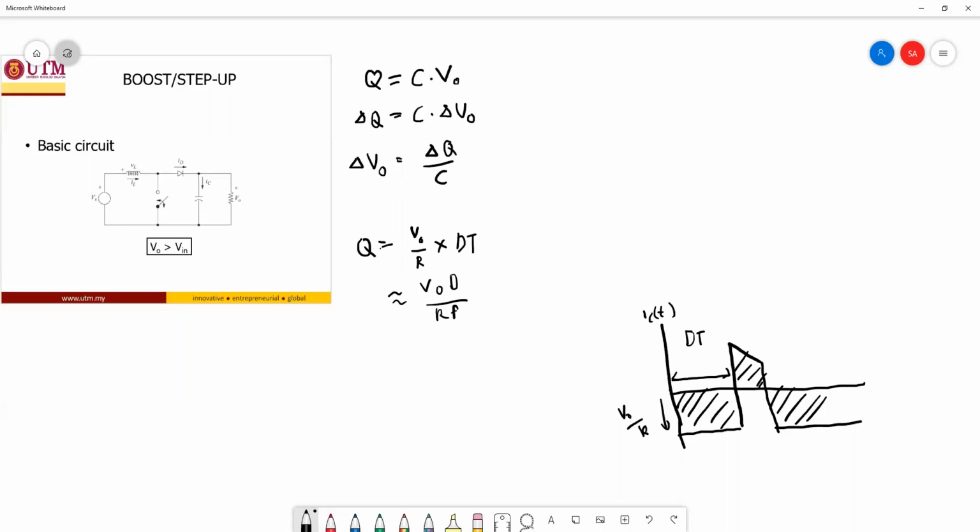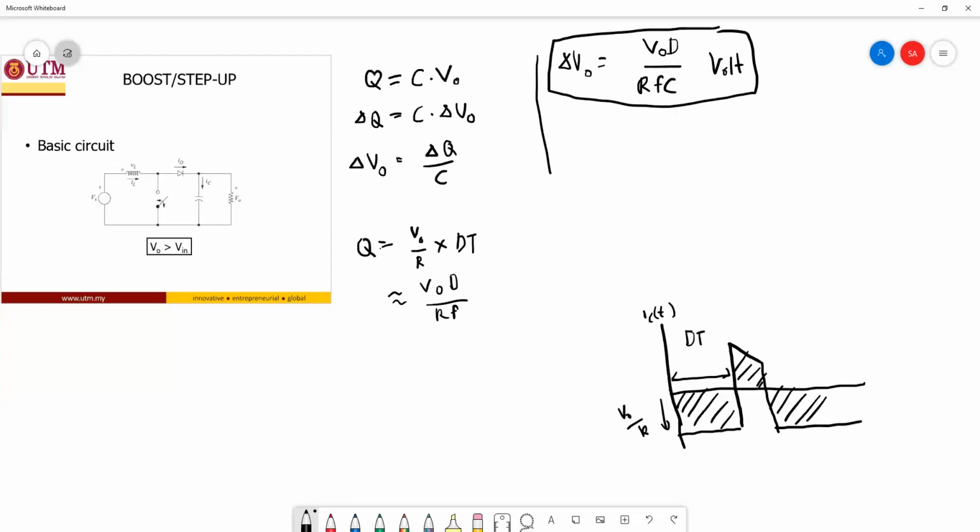Putting this into the equation, delta V out is equal to V out D over R f C. Now we have the equation of the output ripple voltage, which has the unit volt.